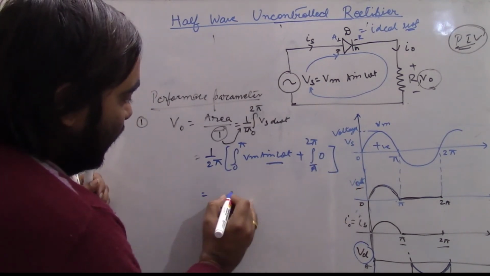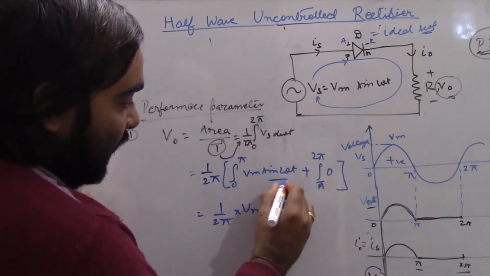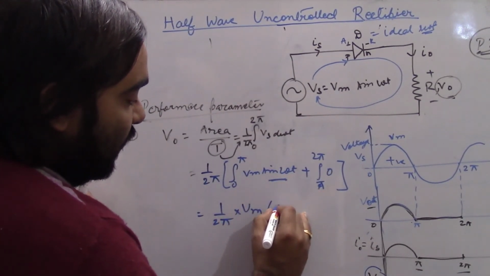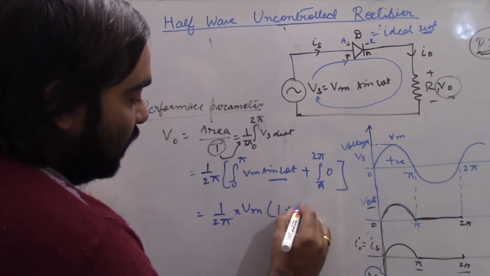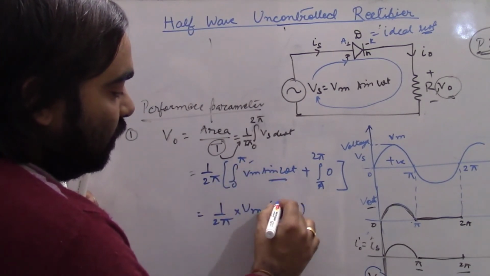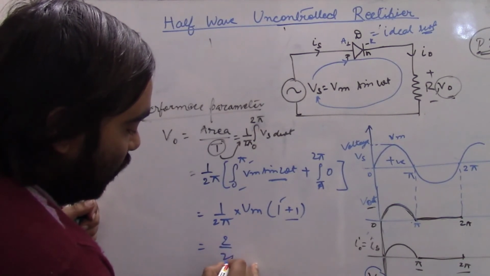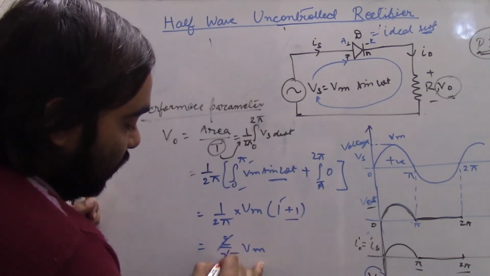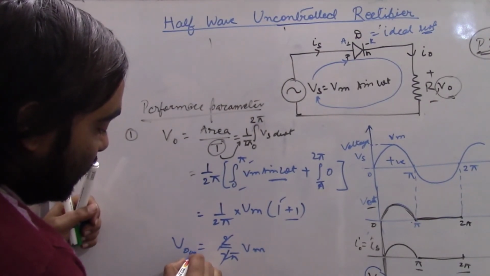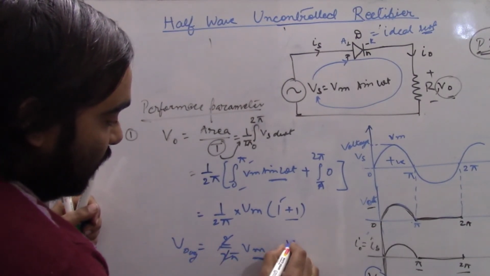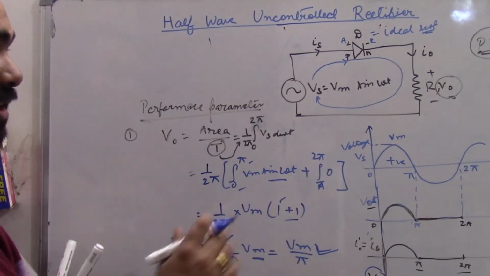We get 1 by 2 pi, Vm is common, and sin omega t. If you solve it, sin is converted to cos. Cos pi means minus 1, cos 0 degree is equal to 1, so you get 2 by 2 pi Vm, and 2 and 2 cancel. Then the average output voltage is equal to Vm by pi.